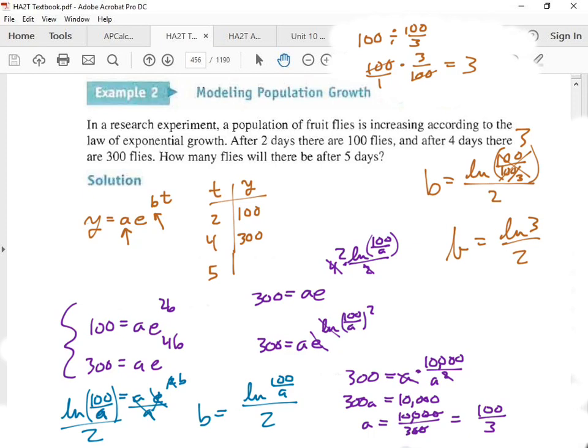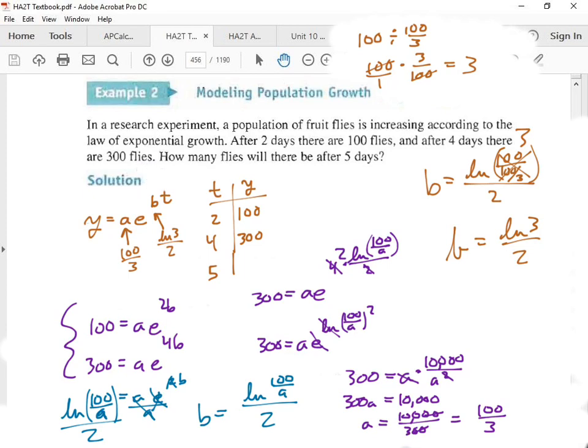So do we have a function now? Do we have the A and the B? Yeah. Our B is nasty looking, natural log of 3 over 2, and the A is 100 over 3. All right, we got our model. Woo! Now can I take this 5 and plug it in for T? Yes. I know you guys were excited about that.